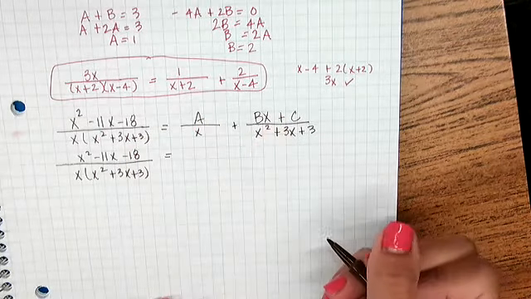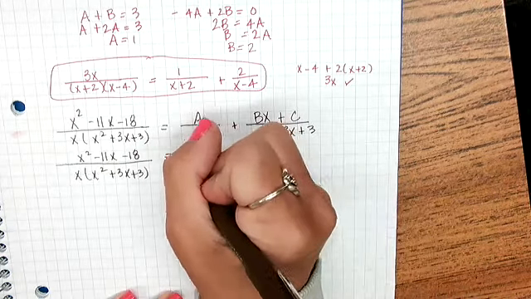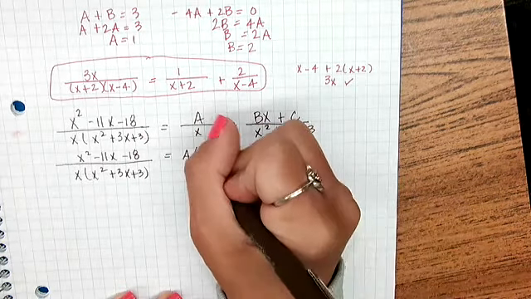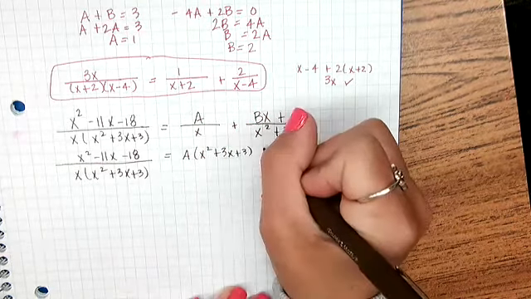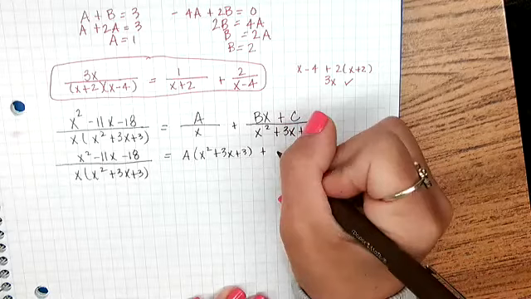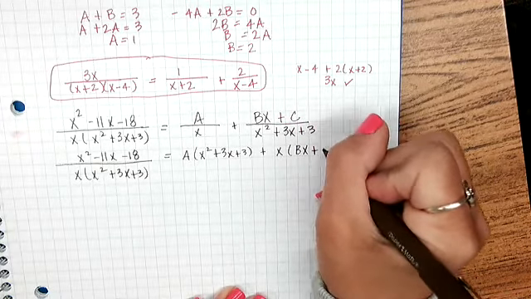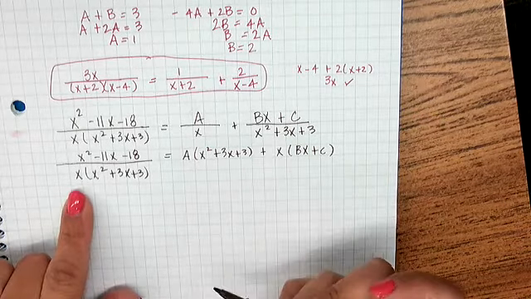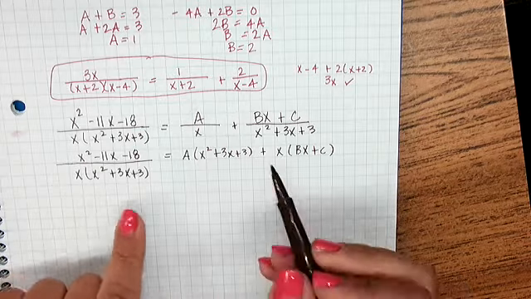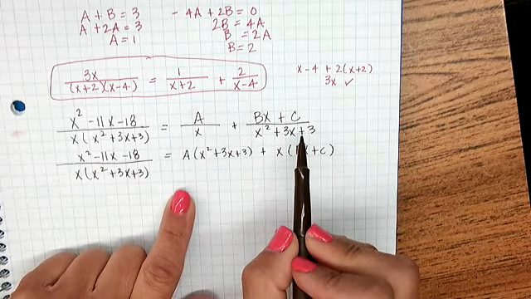Okay. This is going to equal a times x squared plus 3x plus 3, plus x times bx plus c. This is my common denominator, x squared plus 3x plus 3. The first fraction needs to get multiplied by x squared plus 3x plus 3.